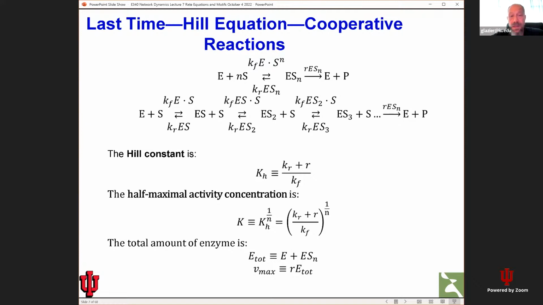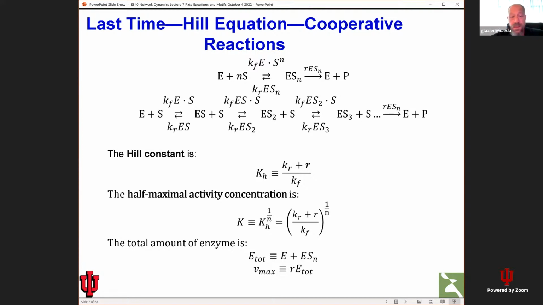It's the half maximal activity concentration. But here there's this issue that the concentration is raised to the nth power. And so you have to decide whether you're going to use the nth root of that Hill constant or not. The one that usually is easier to use is the one that has units of concentration, because you could then scale the concentration the way we did before.